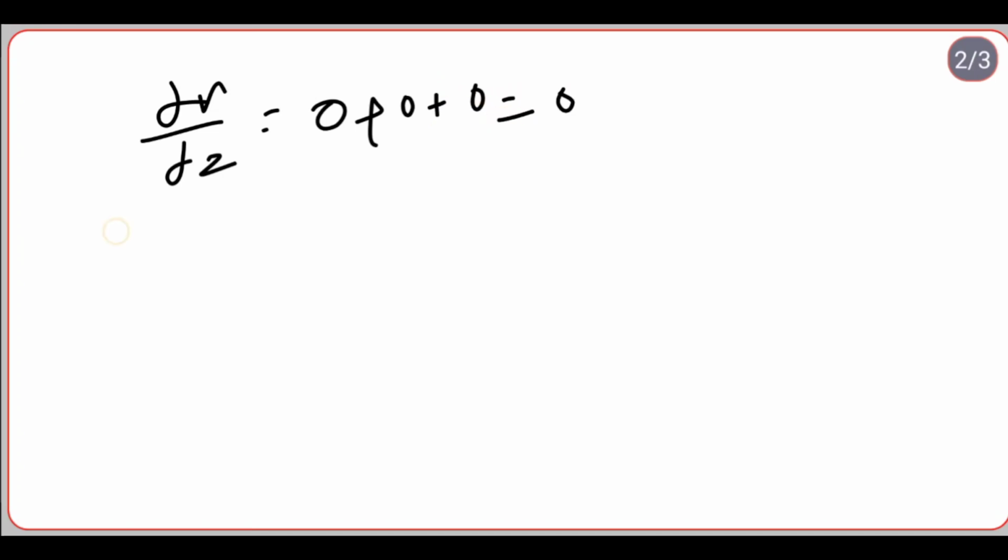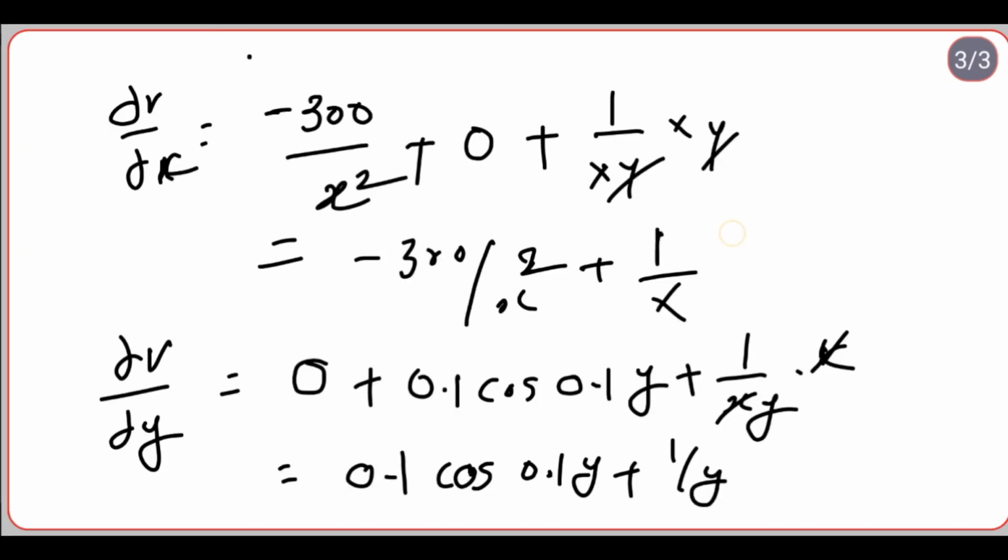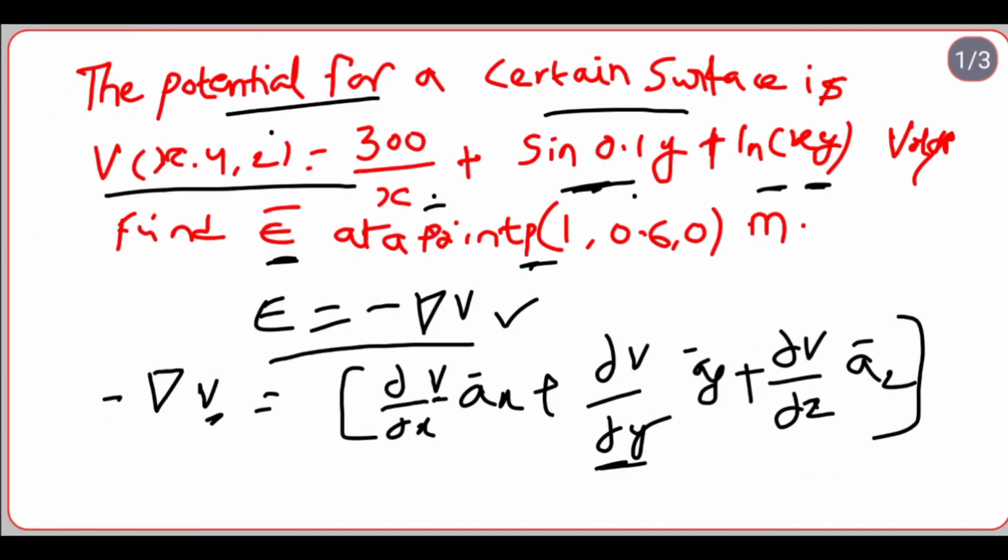Therefore E bar, the electric field intensity, equals minus of del V. We are substituting all these equations, this equation and this equation plus 0. After substituting, we will get one equation for E bar, in which we have to substitute x, y, z.